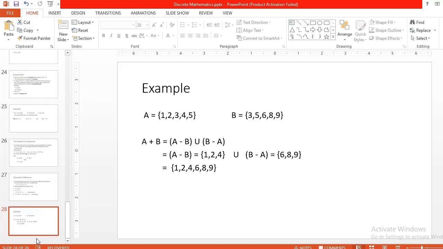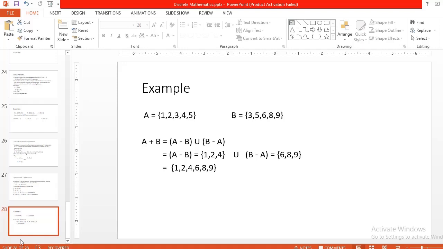Next, see here one example. From looking at the example, you can understand more about what the symmetric difference is and what the relative complement is. Here, A is equal to {1, 2, 3, 4, 5} and B is equal to {3, 5, 6, 8, 9}.